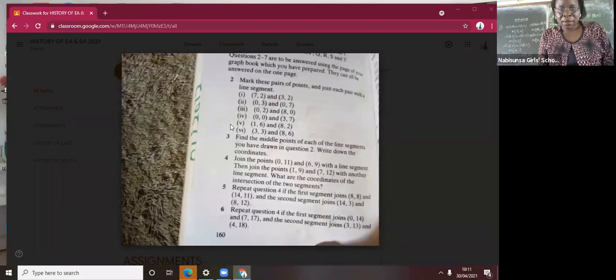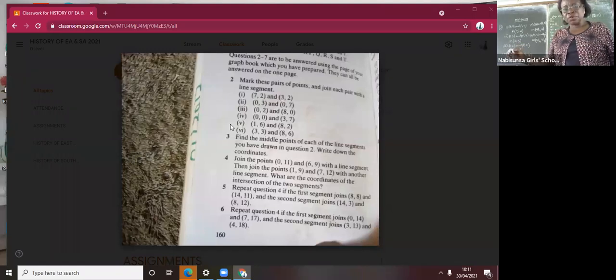Yes, teacher, I'm asking, when we are drawing the line segments from the beginning point to the ending point, how do we know where to stop? They have given you the 2 points, the 2 end points of the line segment.